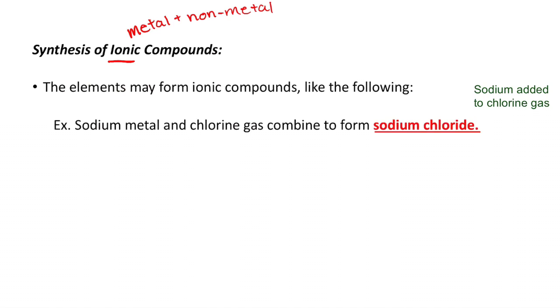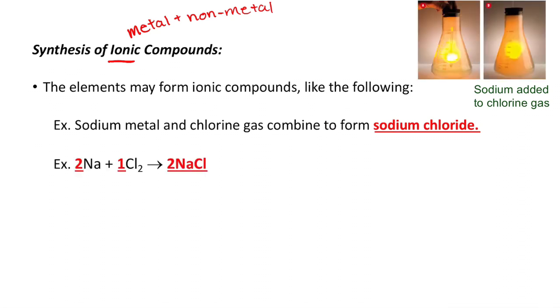Sodium metal and chlorine gas combine to form sodium chloride. And we do have an image of that in the top right corner. So you can see that there's kind of a yellowish green gas. And then those combine together to form the sodium chloride with the sodium metal in it. Sodium chloride is obviously regular table salt. This is probably a compound that you're very familiar with.